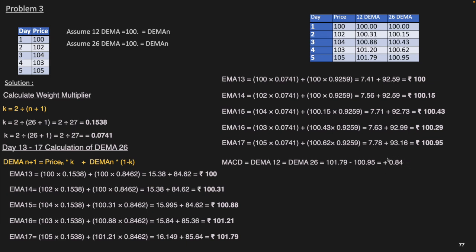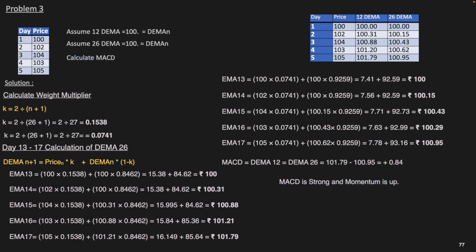What does it mean? 0.84 is a positive value, hence the MACD is positive. MACD is positive means 12 period moving average is above 26 period moving average, and the stock may be in a positive region or trending in the positive direction. It is not a certainty.